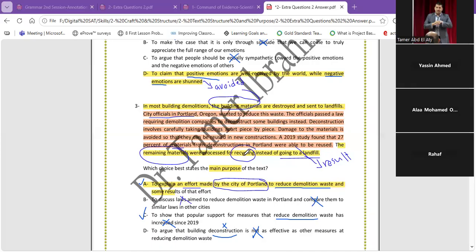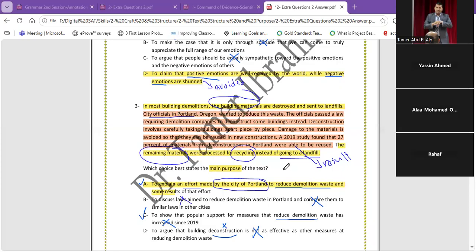So now what we're going to do is cancel B and D, and look at A and C by reading the whole text. In most building demolitions, the building materials are destroyed and sent to landfills. City officials in Portland, Oregon wanted to reduce this waste. The officials passed a law, only one law, requiring demolition companies to deconstruct some buildings instead. So he didn't compare demolition to deconstruction.